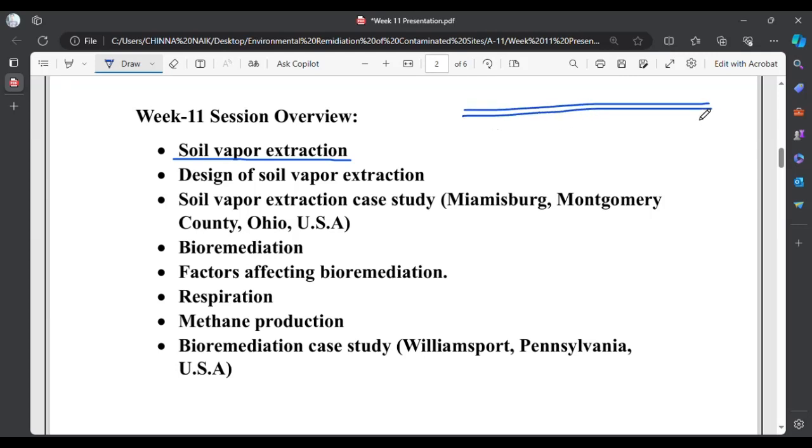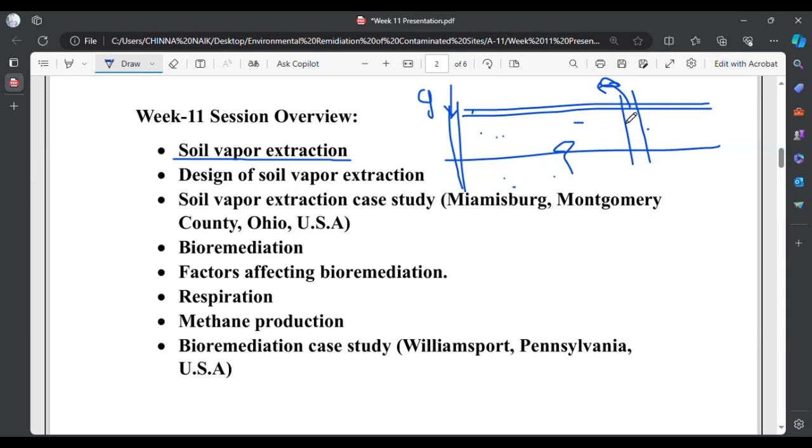A few more things we have to consider, like placing an impermeable layer. Suppose this is the contaminated soil and this is the water table. For the contaminated soil or contaminated groundwater, we introduce gas here, and construct collection pump wells. Whatever contaminants change phase from liquid to gaseous or solid to gaseous, we collect from the gaseous phase.